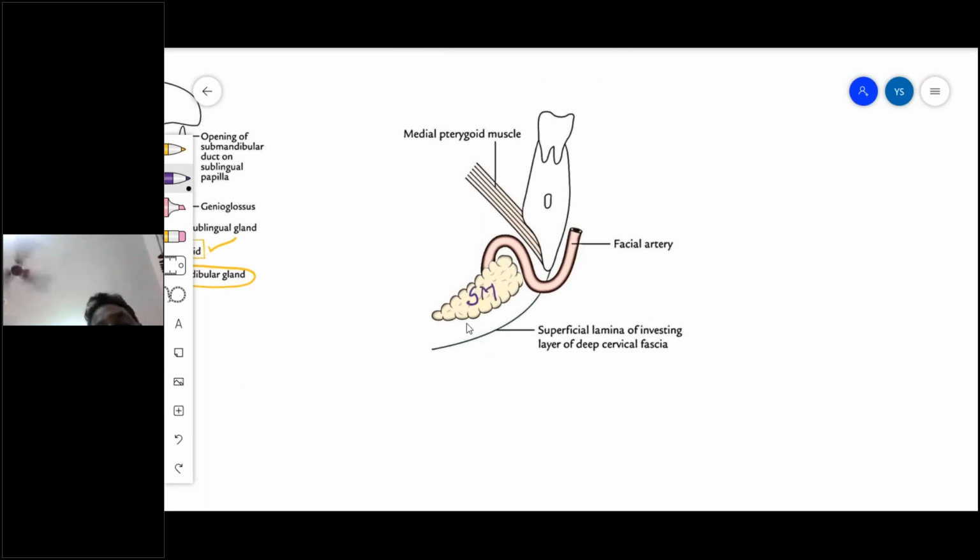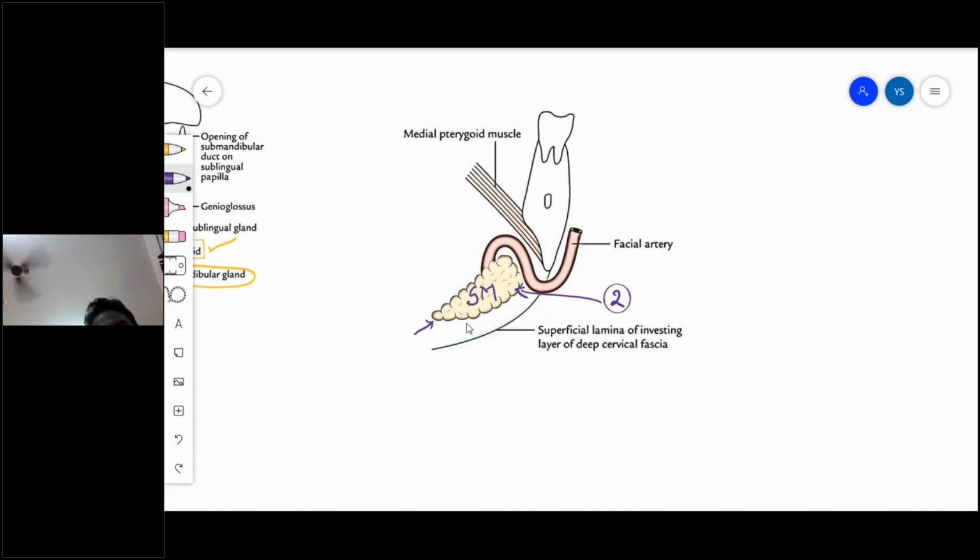With blue color, I am labeling SM. That is the superficial part of the submandibular gland. Usually the superficial part, I told you there are two ends. For example, this is one side, one end. With the second arrow, I'm showing number 2. With the number 2, blue color arrow, I'm showing the posterior end.